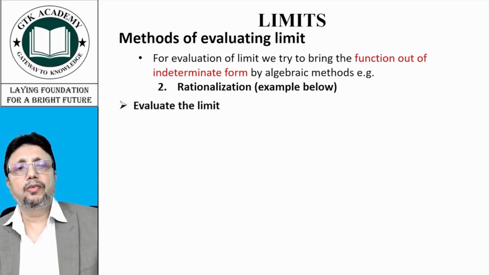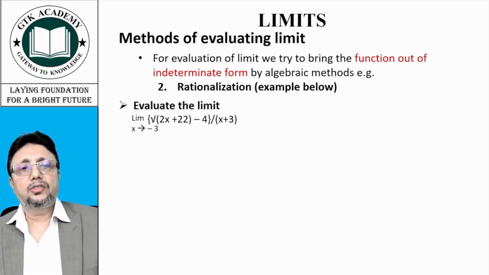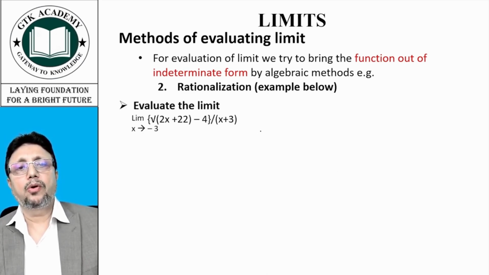Now suppose you have to evaluate the limit, limit x tending to minus 3, under root 2x plus 22 minus 4 upon x plus 3. Now this function assumes indeterminate form at x is equal to minus 3. How?